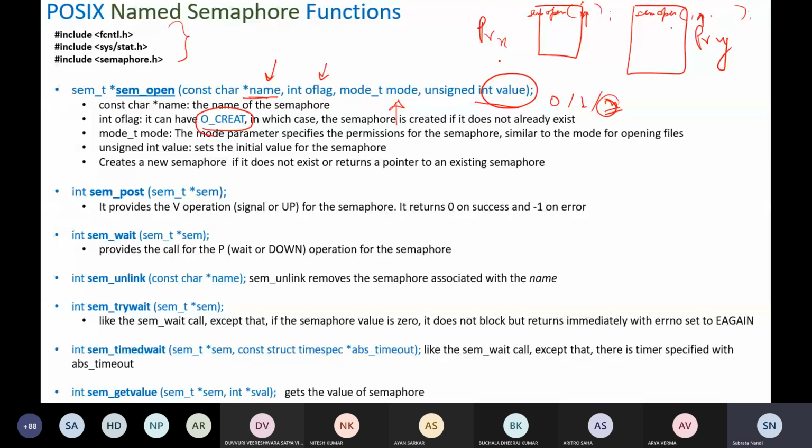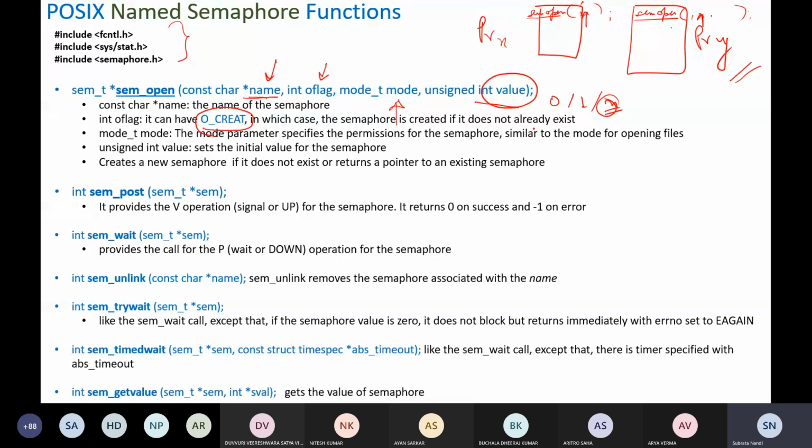So what will happen if you have sem_open in both the processes? If both execute sem_open, what is going to happen? If process X executes sem_open first, then it creates the semaphore, and if process Y executes the same function with the same arguments, it will find that a semaphore with that particular name already exists in the system, so there will be no more creation.